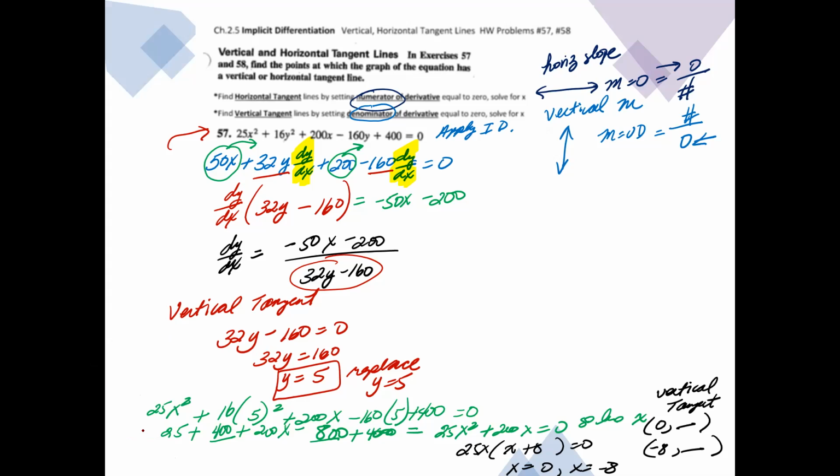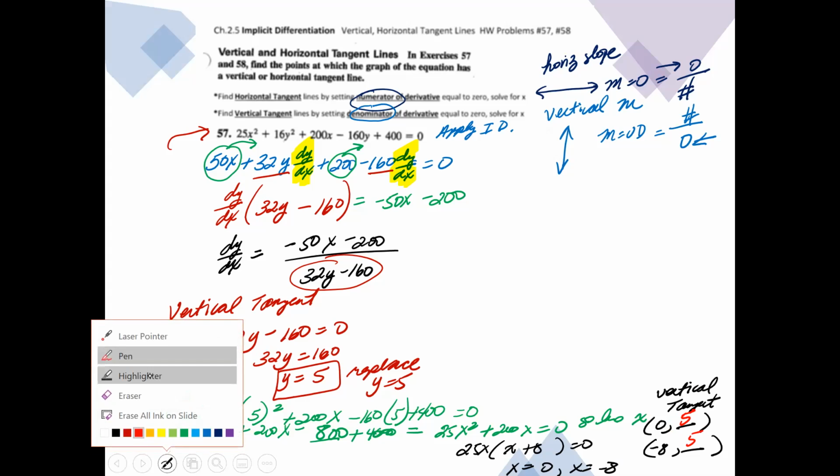You are going to plug in the value at 0 and figure out what y is. So you can go ahead and do that by plugging into the original equation and then solving for y. You should be able to find that y is going to give you a 5 when x is 0, and then y is going to give you a positive 5 when x is negative 8, and that is your vertical tangent.